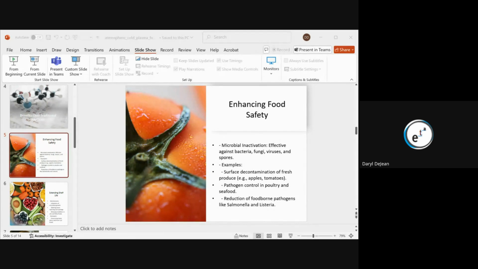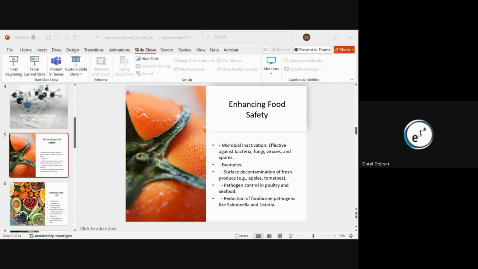And it can also be used in seafood farming because it will help control the bacteria in, I think it's called fish lice or something like that, that can affect the health of the fish in the ponds. So there's plenty of applications: air, surface, and water.